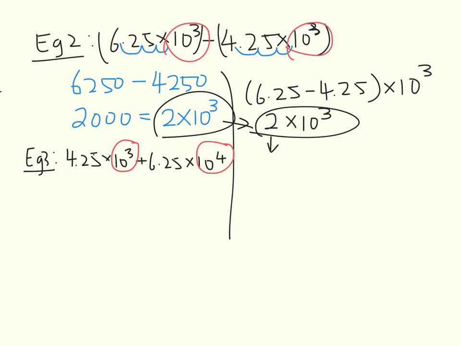So from here, 4.25 times 10 to the third is multiplied by 1,000, so you get 4,250. And 6.25 times 10 to the fourth is multiplied by 10,000, so you end up with 62,500.